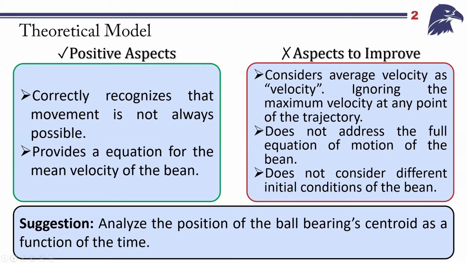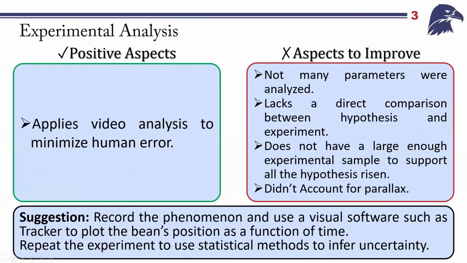My suggestion is to analyze the position of the ball bearing centroid as a function of time, which could be done by an analysis based on force. Now for the experimental analysis, on the positive side, he does apply video analysis to minimize human error. Of course, this is very hard to do another way because you would have a great uncertainty related to the measurements.